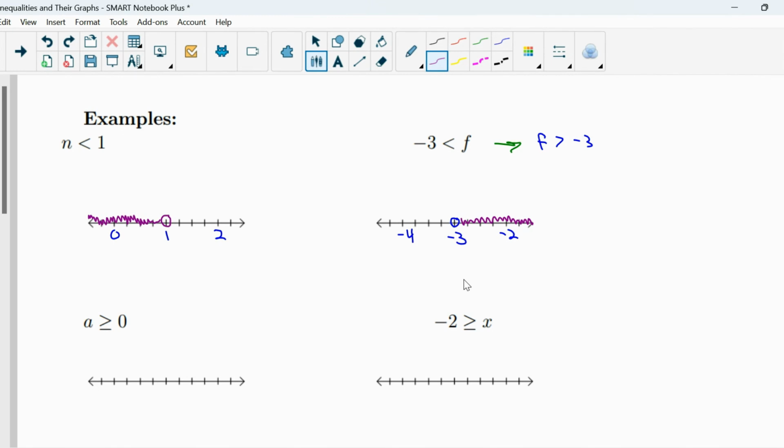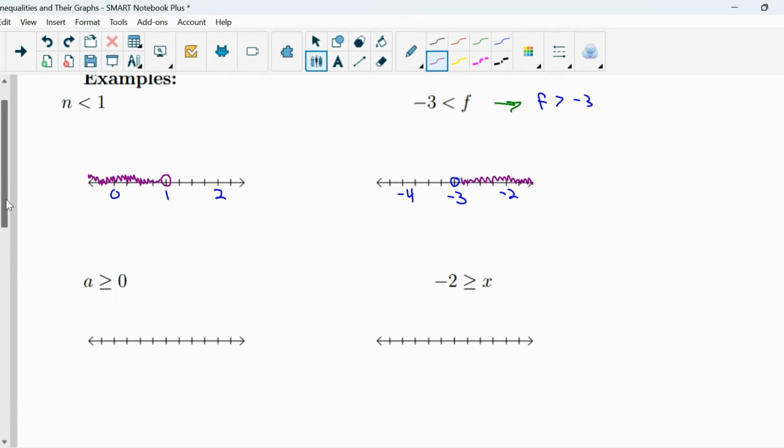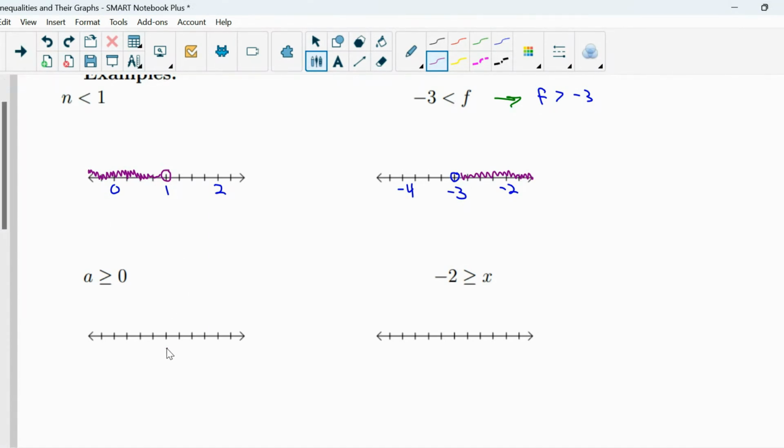In our next two examples, we have a greater than or equal to symbol. And then in our last example, we have a less than or equal to symbol. Same process here. Let's start by plotting our points. We have 0. Use the same color here. A value that is larger than 0 would be 1, and a value that is less than 0 could be -1.